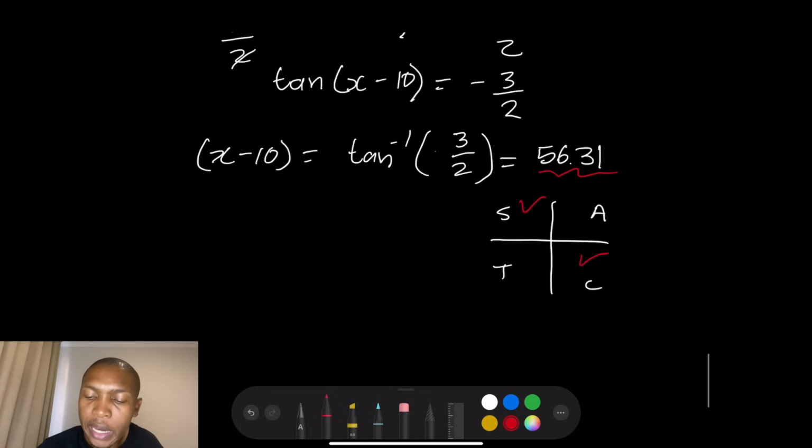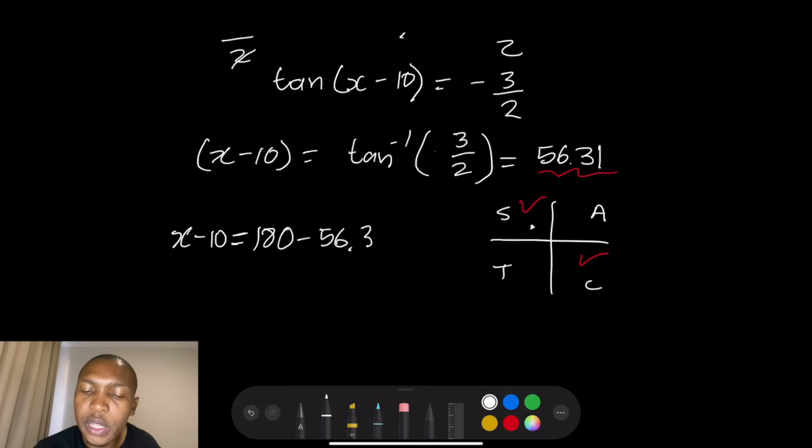So now we are getting to the solution part. My first one would be in the second quadrant. So it means that x minus 10 is equal to 180 minus my reference angle, which is 56.31. But remember, for tan, we say plus k 180.